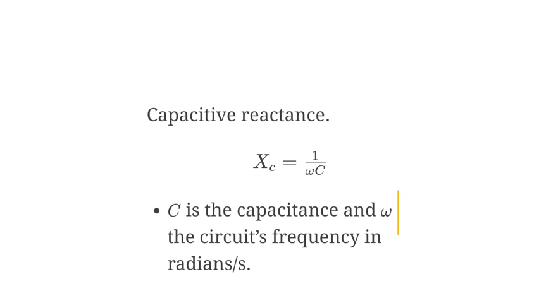What will happen if the frequency is 0? Yes, if the frequency is 0, the Xc will be infinite. And when will the frequency be 0? The frequency will be 0 in DC current. Frequency 0 means infinite capacitive reactance.